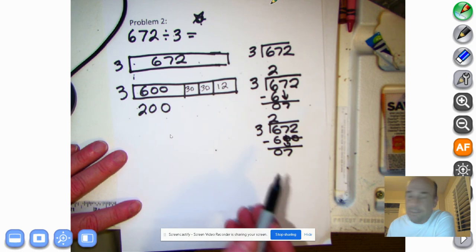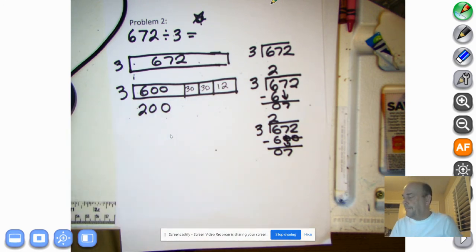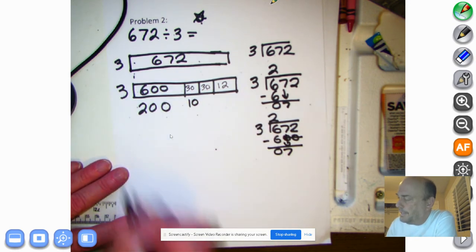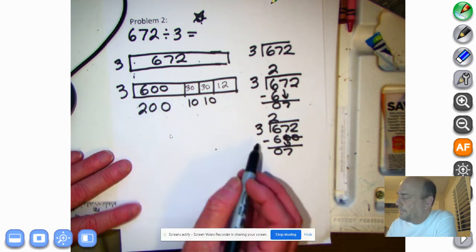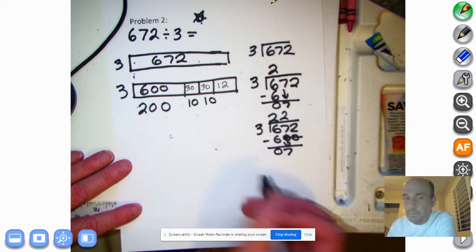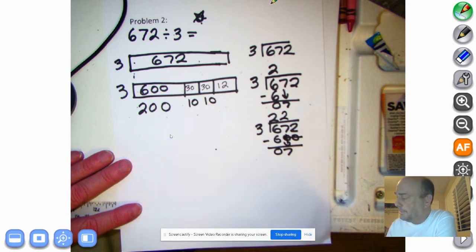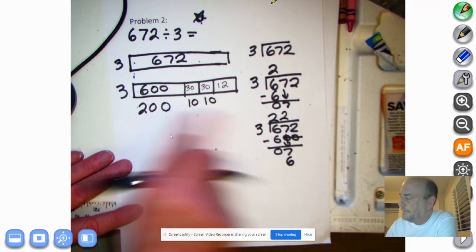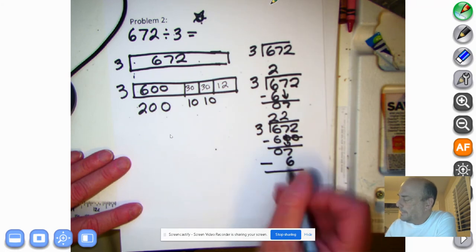In this case, it's into 7 or 70. So we have over here 3 times 10 is 30, and 3 times 10 is 30. So what we have is 3 times 20. 3 times 20 is what? Well, 3 times 2 is 6. Add on a 0 because we're dealing with tens, and we get 60. See how that works? We subtract. 7 minus 6 is 1.